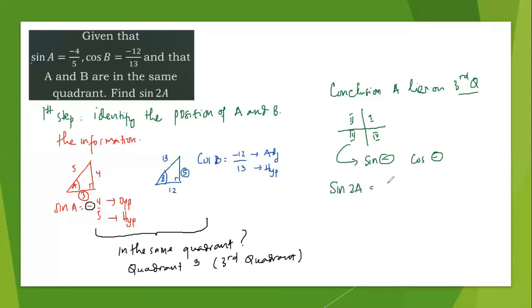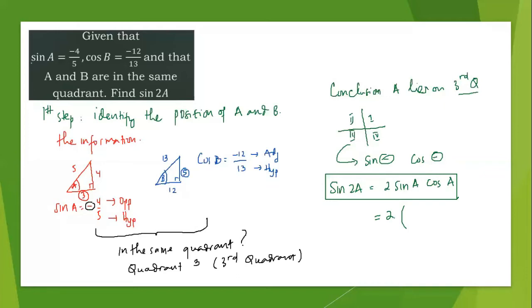Sine 2A, you can expand that to 2 sine A cosine A, right? Okay, sine 2A equals 2 sine A cosine A. Next, sine A is this one, minus 4 over 5.